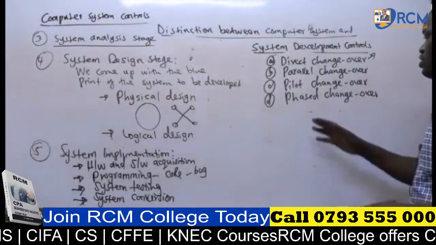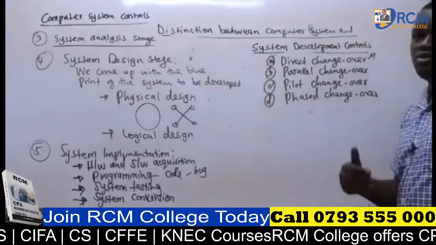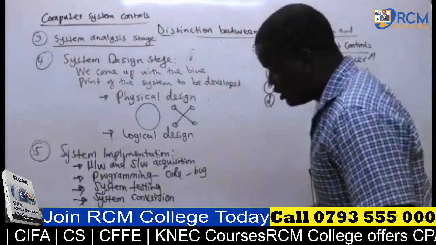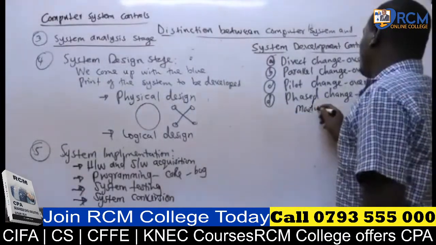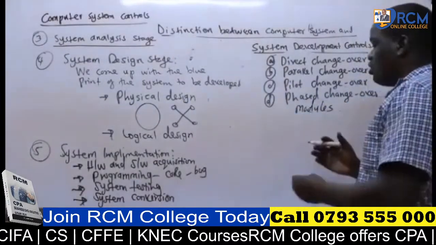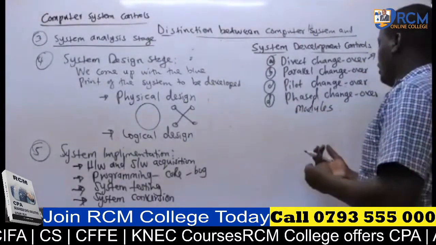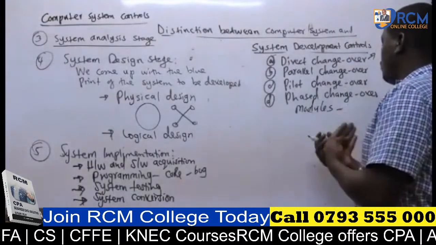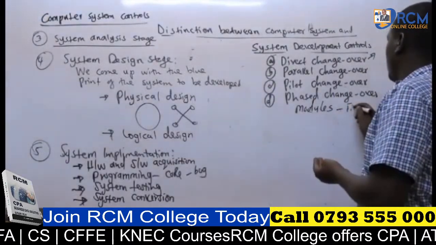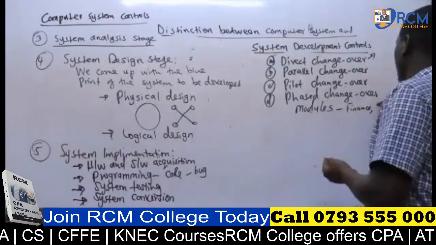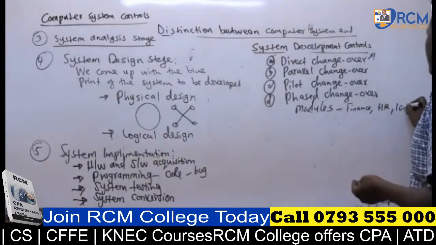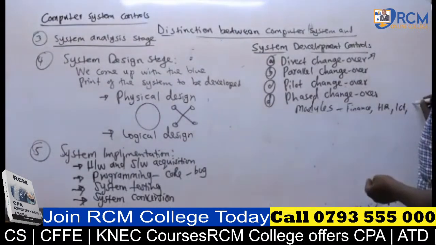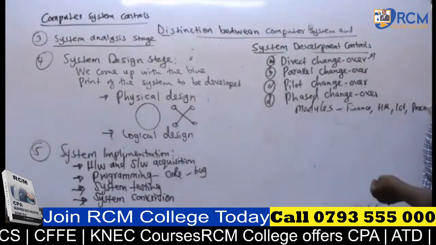Then you have what you call the phased changeover. With phased changeover, you go into stages. You go into stages, with systems in what you call modules. Every system has modules. These modules are implemented in phases. We can have a finance module, we can also have an HR module, we can also have maybe an ICT module, we can also have maybe a procurement module.